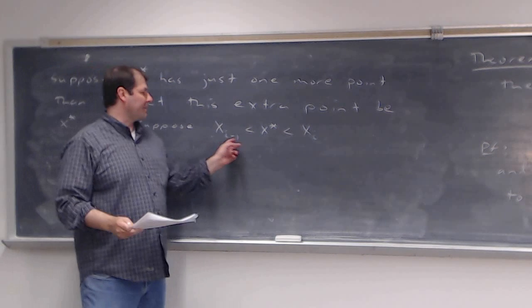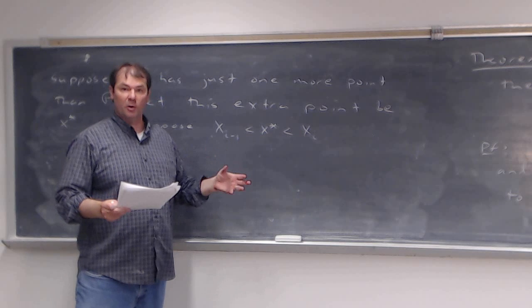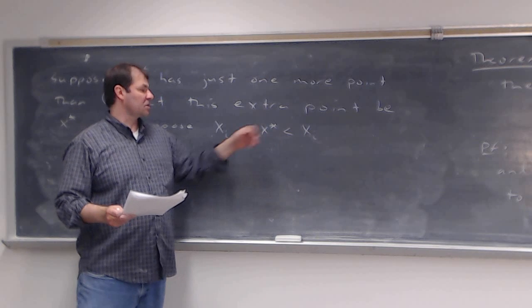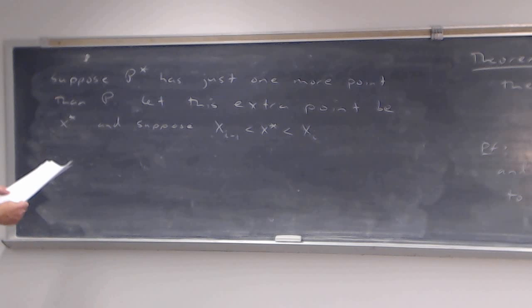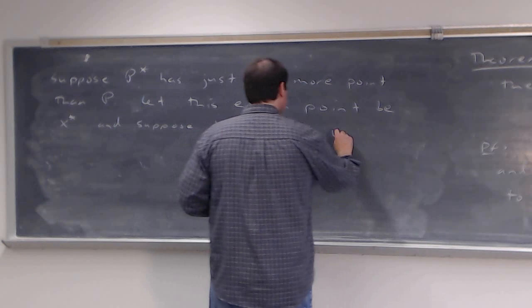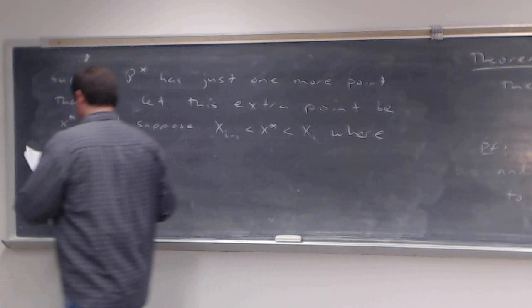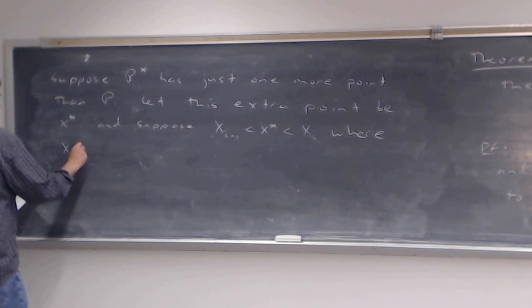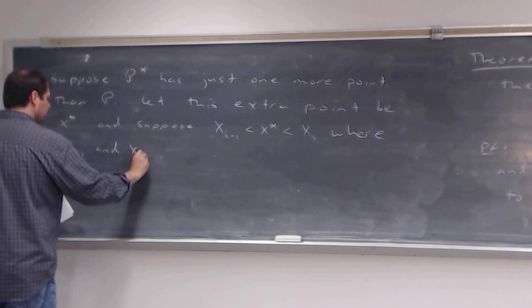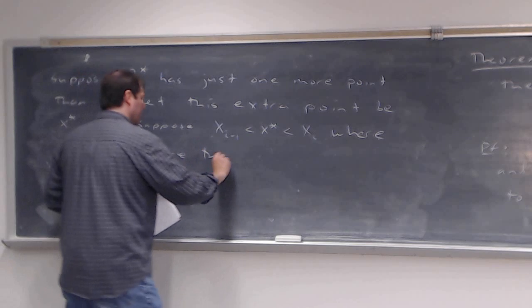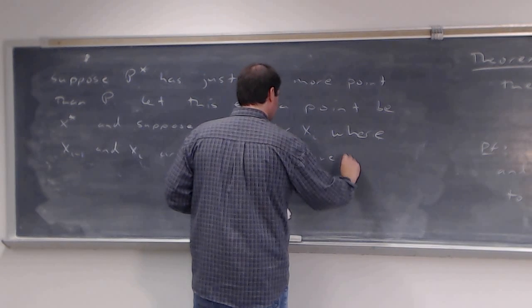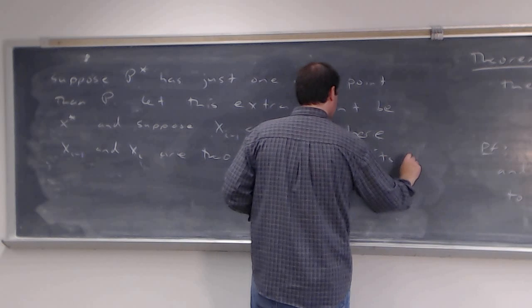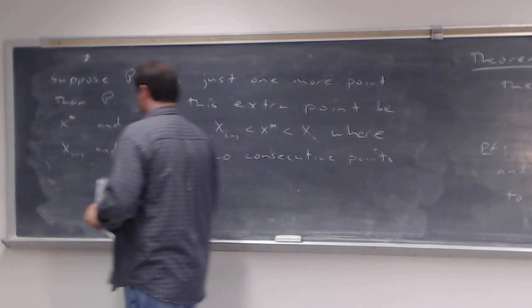So X sub i minus 1 and X sub i are part of the original partition P, and this X star is the additional thing that's being thrown into P star. Again, where X sub i minus 1 and X sub i are two consecutive points in P.